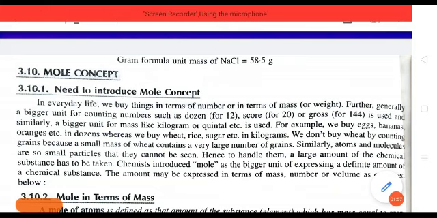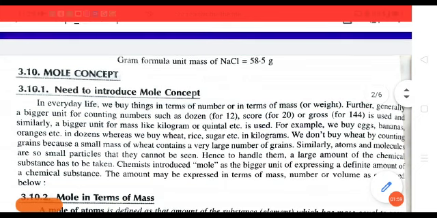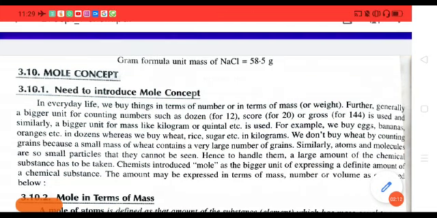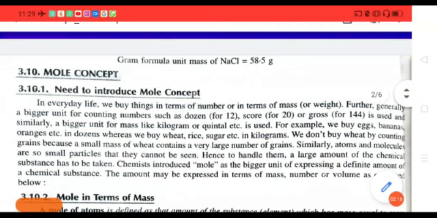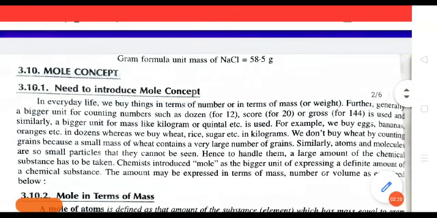So, for measuring such delicate quantities, that is, atoms and molecules, chemists introduced the word mole as its bigger unit, and it can be expressed in terms of mass, number and volume.